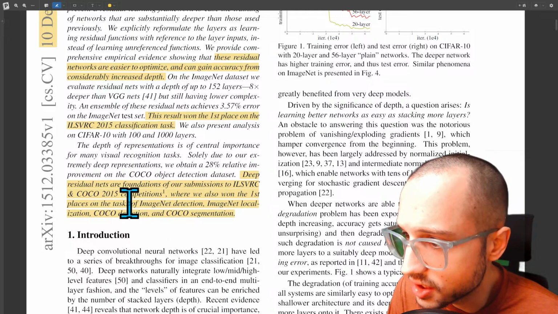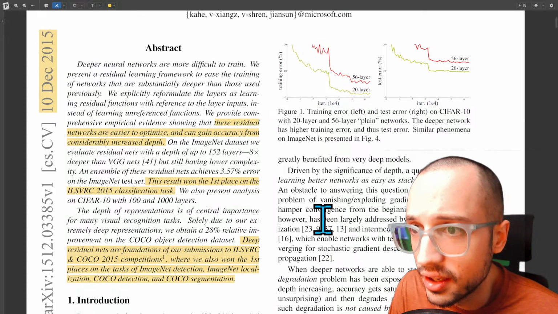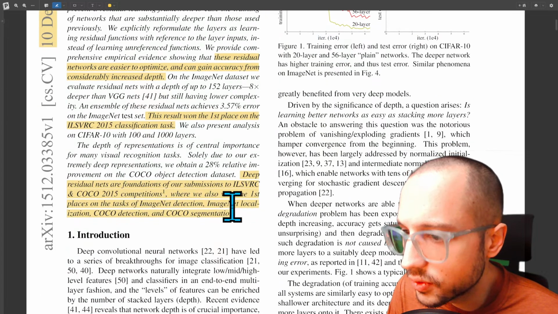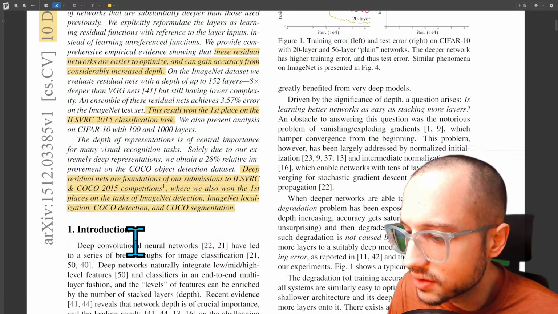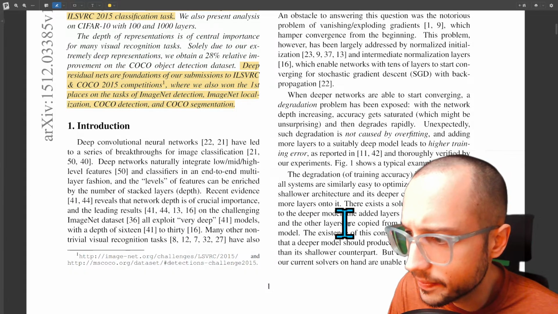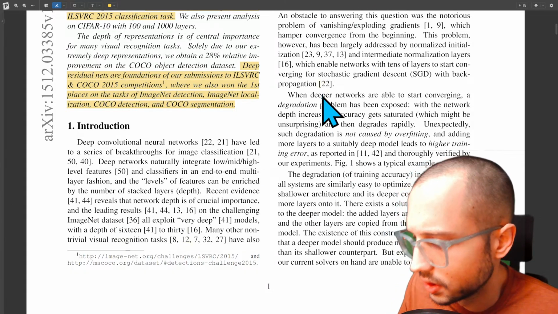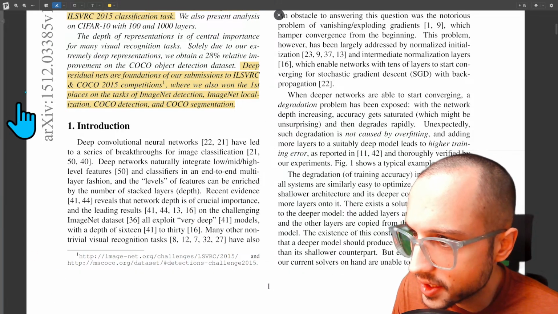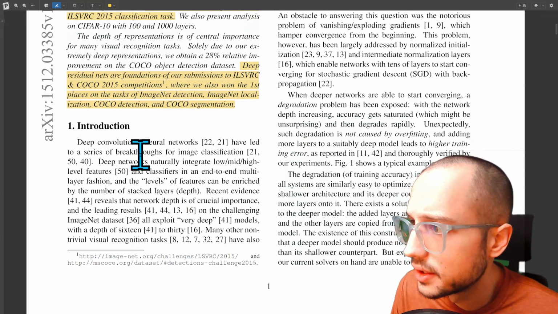All the different classification, detection, segmentation tasks. This was really a step function improvement in the performance of neural networks by architecture design. And I think we'd have to move forward to transformers to find something that had this level of impact.